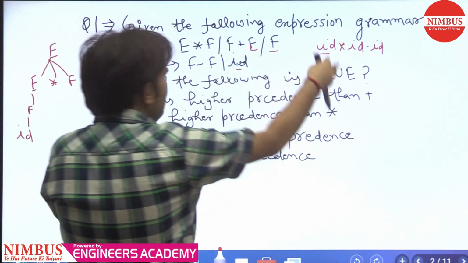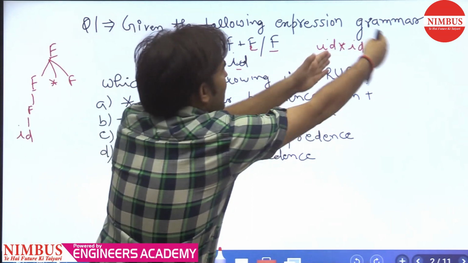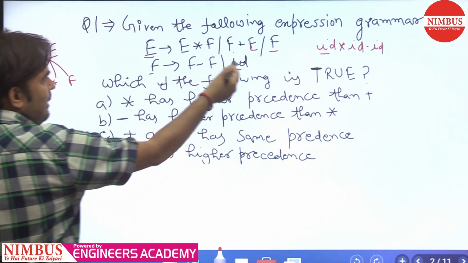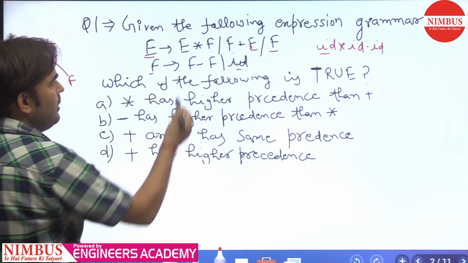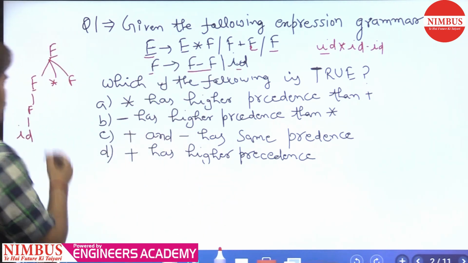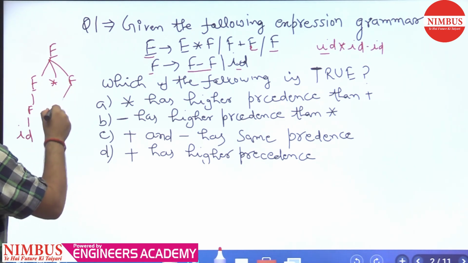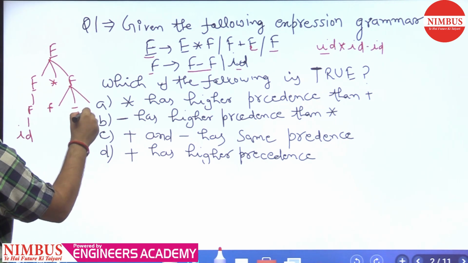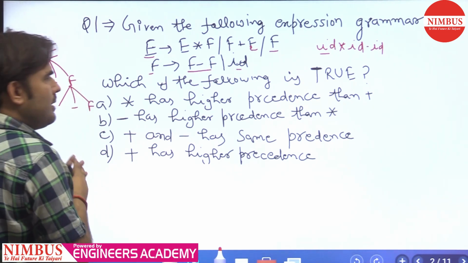So after asterisk we have id minus id. So we are not going to generate this F directly by the id. We have the another production, F minus F. So I am going to replace this F by F minus F, okay. हम लोग इसको F minus F से replace कर देंगे.